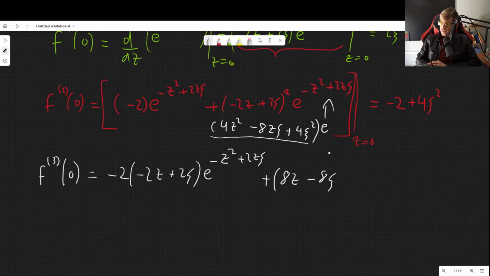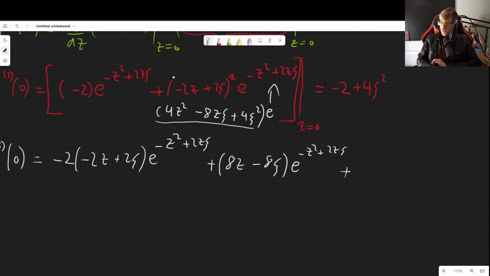It doesn't depend on z. And then we get the exponential, minus z squared plus 2zψ. And then we get another term, which is this thing, the same as this, but now multiplied by itself again. So we get minus 2z plus 2ψ cubed, e to the minus z squared plus 2zψ.